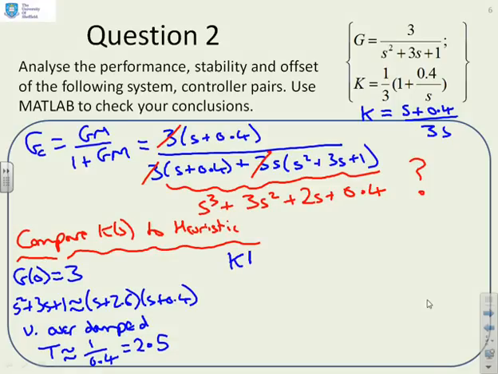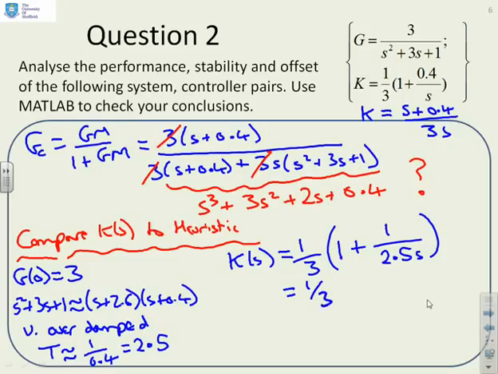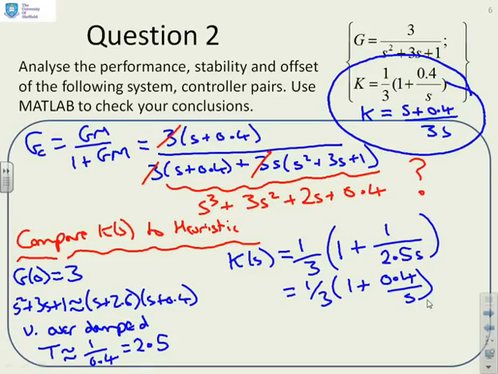Then what I'm going to get is k of s equals a third, that's 1 over g of 0, into 1 plus 1 over st, which is 1 over 2.5s, which gives me a third, into 1 plus 0.4 over s. And what you notice, it's the same as we gave you. So we'd actually given you the heuristic compensator.